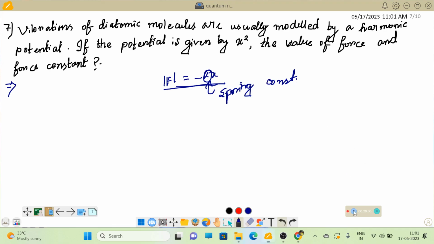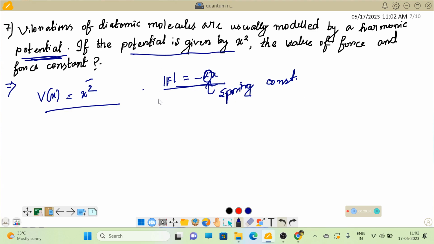As they are asking about the potential, we know the potential V of x equal to x square. We have to take the force constant from here.